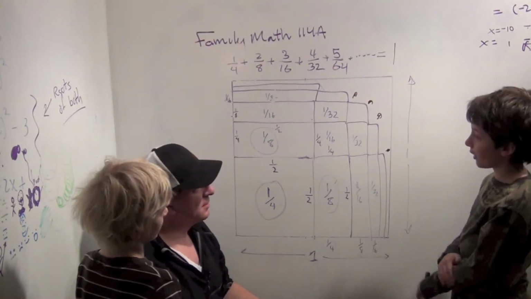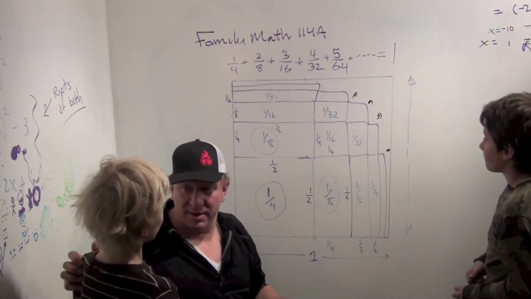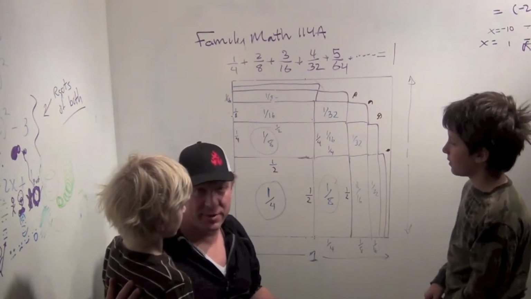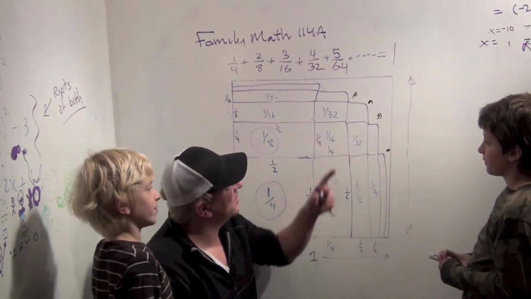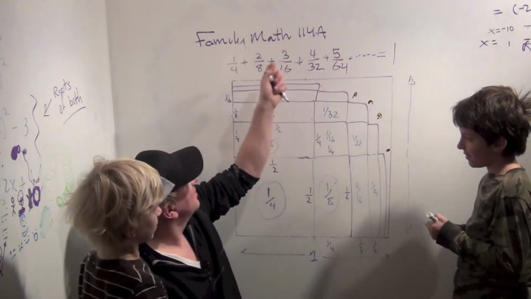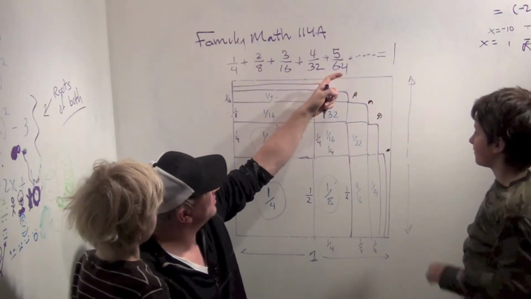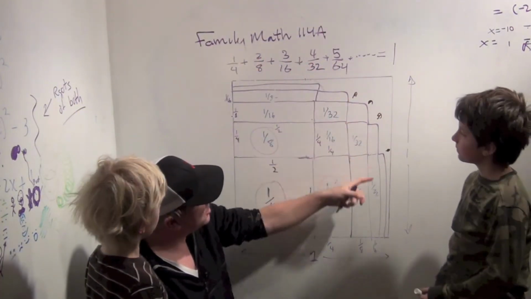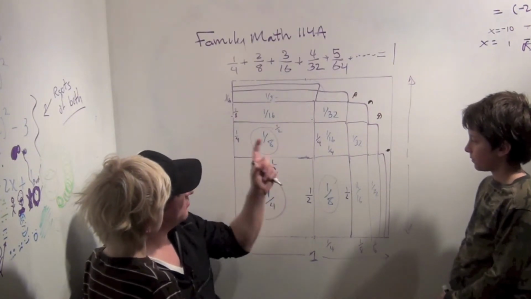No, you have to keep going on for infinity. You keep getting closer and closer, but you never quite get there. But after infinity, you're so close you can't even tell the difference. So this sum, 1/4 plus 2/8 plus 3/16 plus 4/32 plus 5/64 plus 6/128, etc., eventually is going to fill up this square, and that means the sum adds up to 1.